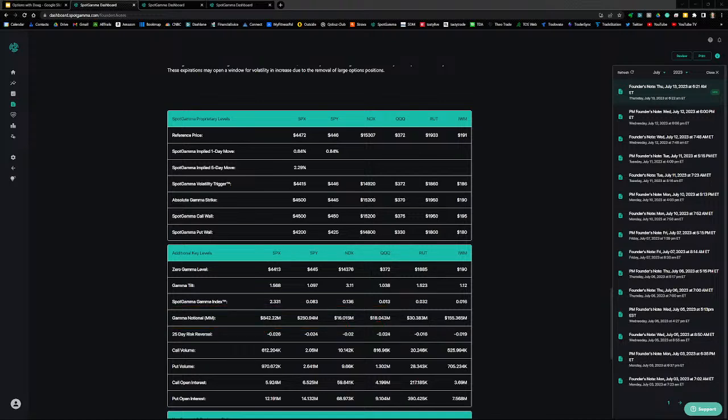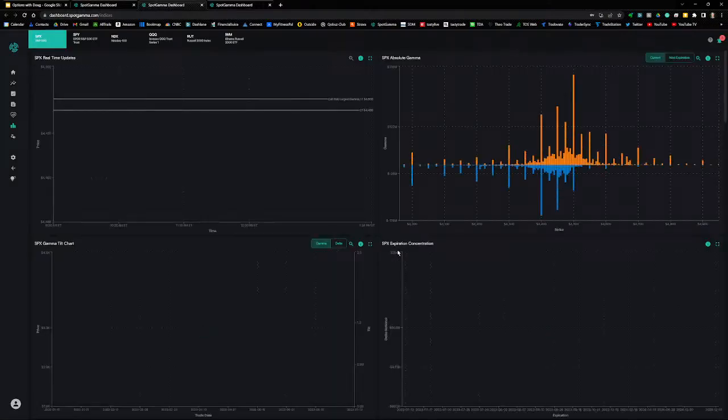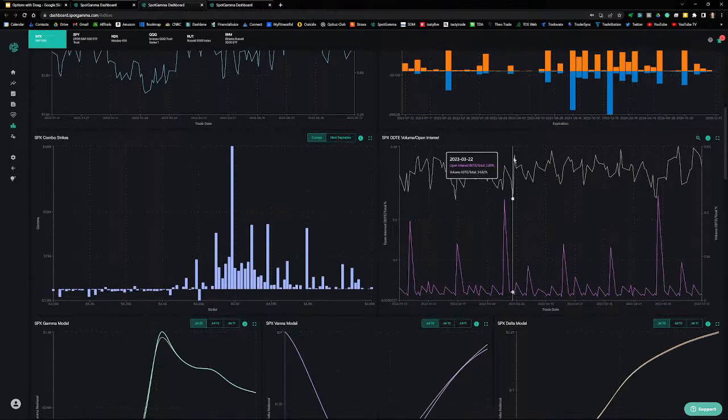All right, let's take a look at the Vanna model. When I'm doing my preparation, this is pretty much what I look at. I'm looking at the Vanna model to give a visual representation to my audience of what this means.